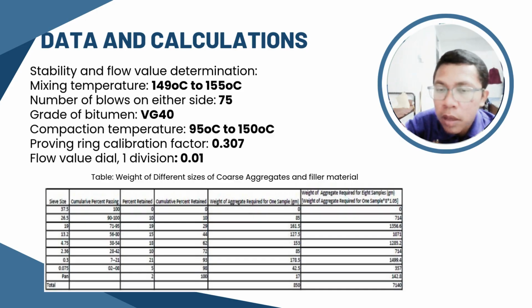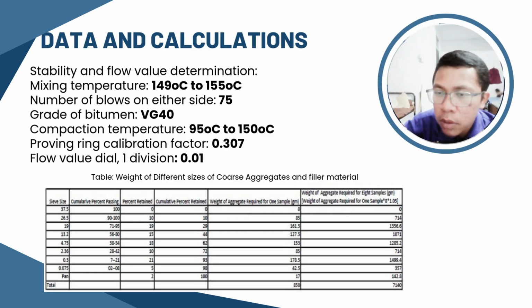The table is organized into several columns, starting with size, indicating the different discrete sizes used to describe the aggregate particles, ranging from 37.5 down to 0.075, and including a pan to collect the finest material.